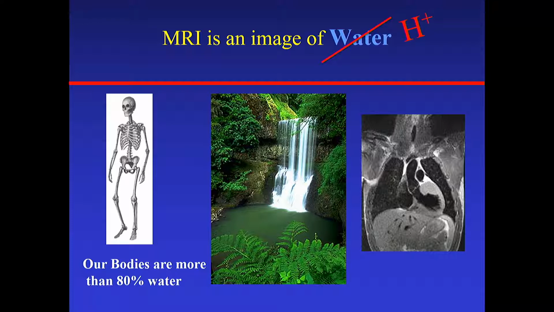So when the proton is attached to water, it gives off a specific frequency, and it's specific to a body tissue. A tissue type, such as myocardium, has a very specific frequency under the MRI scanner, versus fat might have a different frequency.